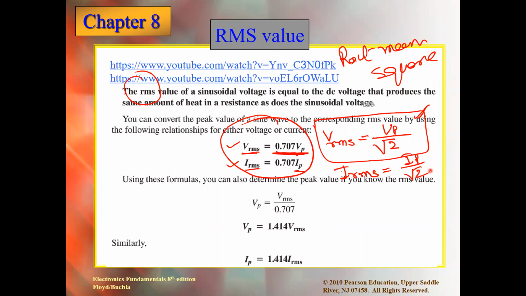Check this one with the calculator, 1 over under root 2. Are you getting 0.707?